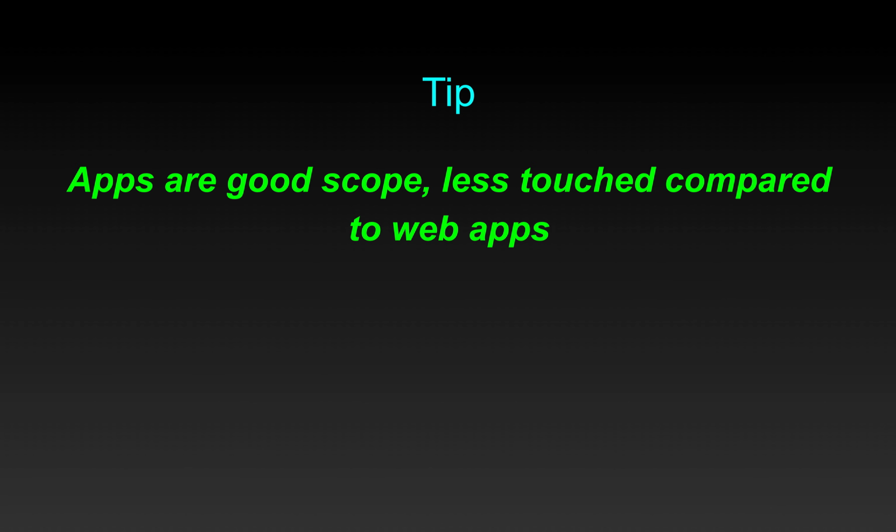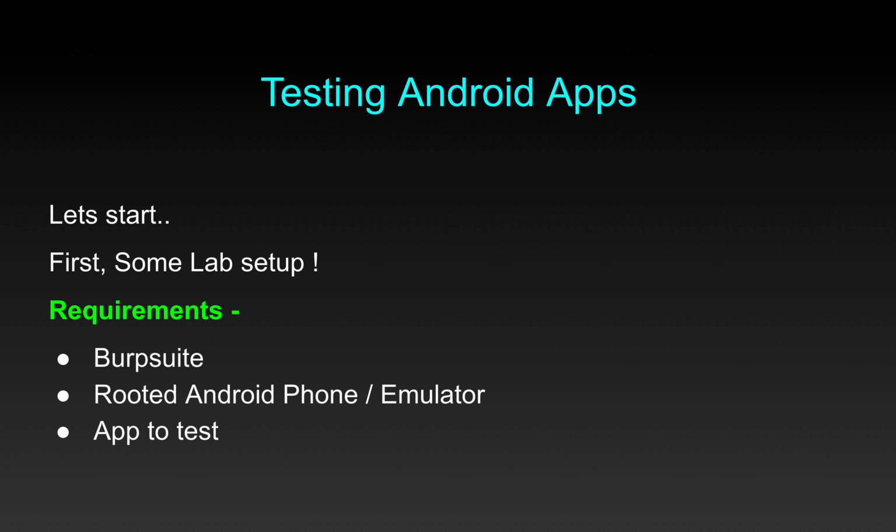That is the main reason that Android apps contain more vulnerabilities than web applications, and there are many security researchers who hunt on web apps but are less likely to hunt on mobile applications. That's why Android applications are sometimes considered a gold mine, and we can identify a lot of hidden vulnerabilities in Android applications.